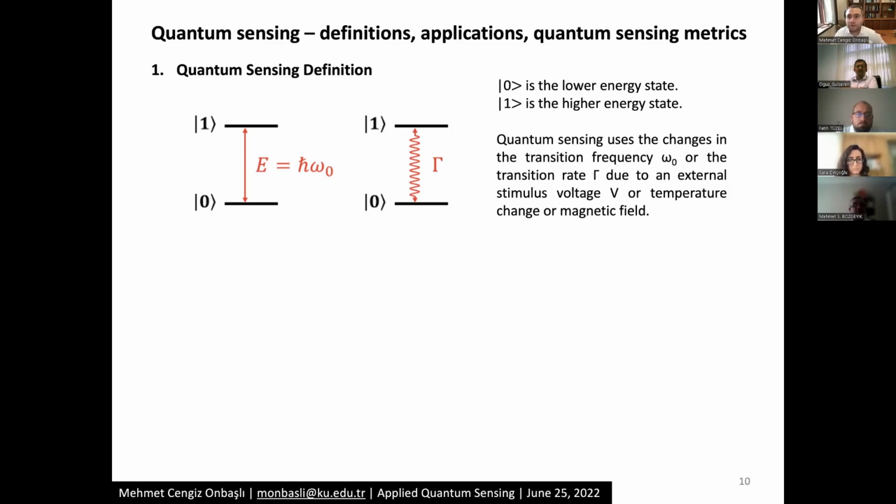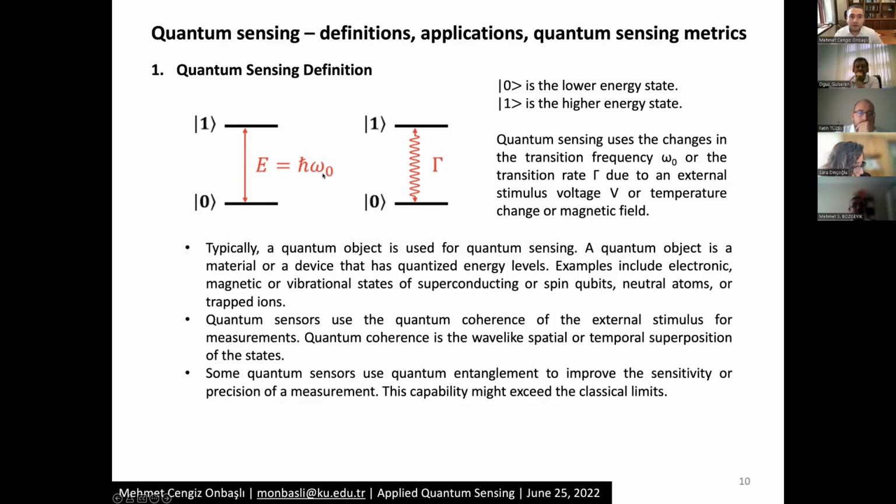So quantum sensing uses the changes in the transition energy or the transition frequency between these energy levels. And this frequency can depend on the external stimulus. For instance, if you want to detect an external magnetic field, the external magnetic field may cause a shifting of the energy level of 1, and it may cause our omega 0 to become omega naught plus delta omega.